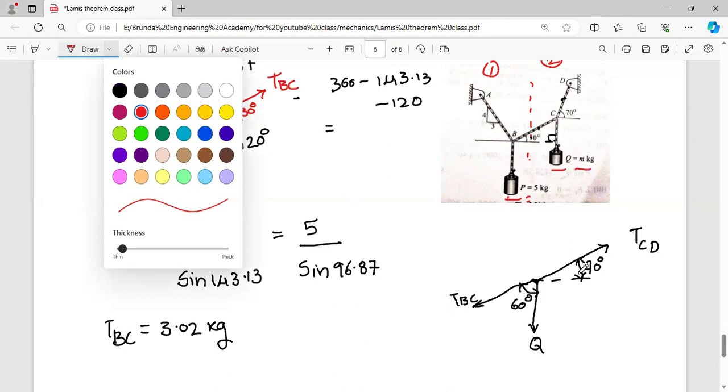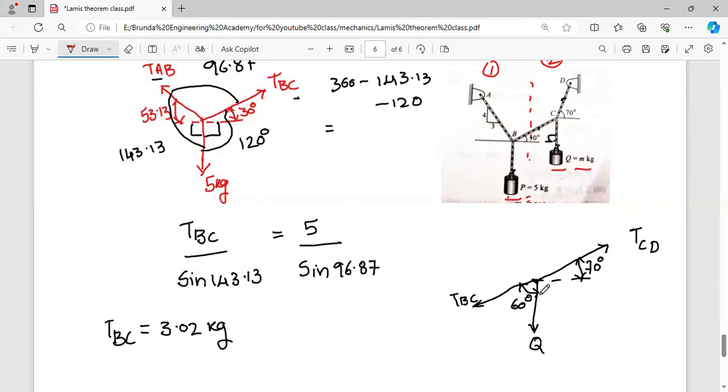Now, what is the angle between the remaining two other forces? Here it is 90. So 90 plus 70, its value is 160 degrees. Now what about the angle between TBC and TCD? Here it is 60, and 160. The remaining angle is 360 minus 160 minus 60.